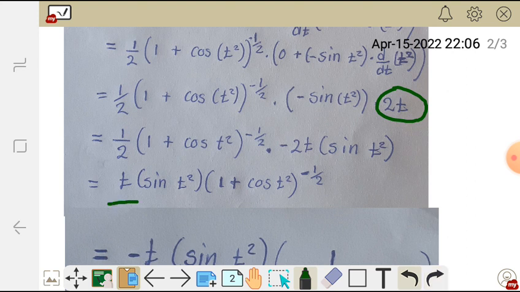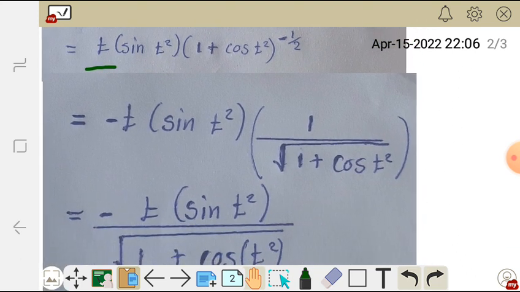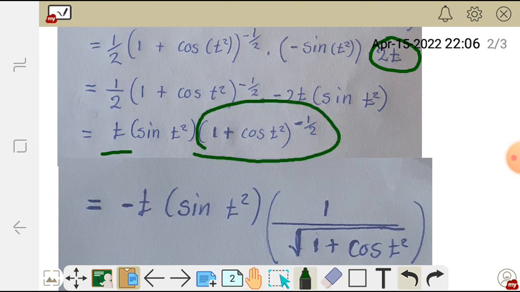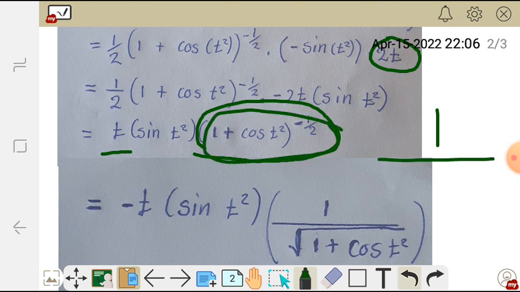Then, looking at this part, since it is raised to a negative power, it can be written as 1 over the whole function to the positive power.